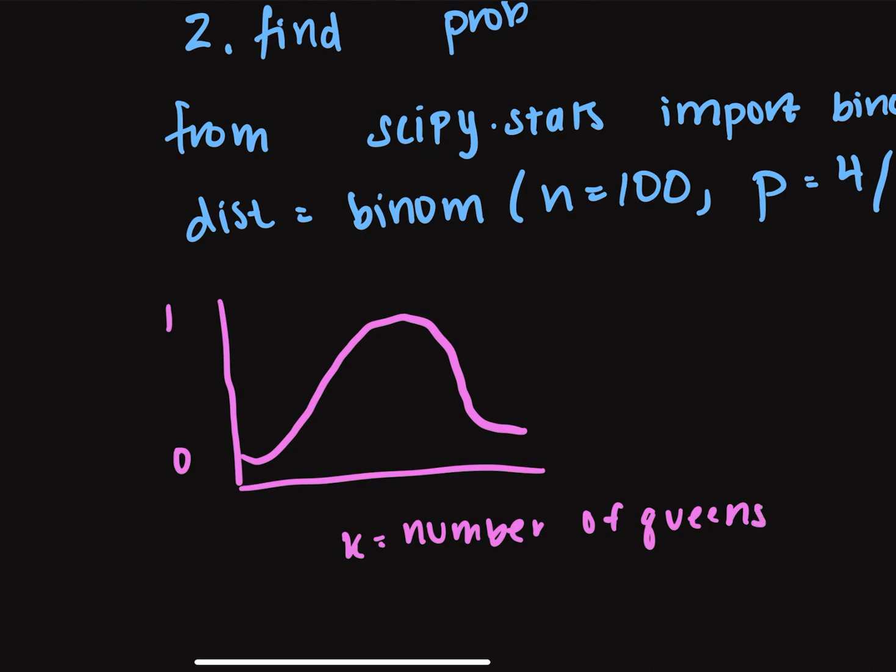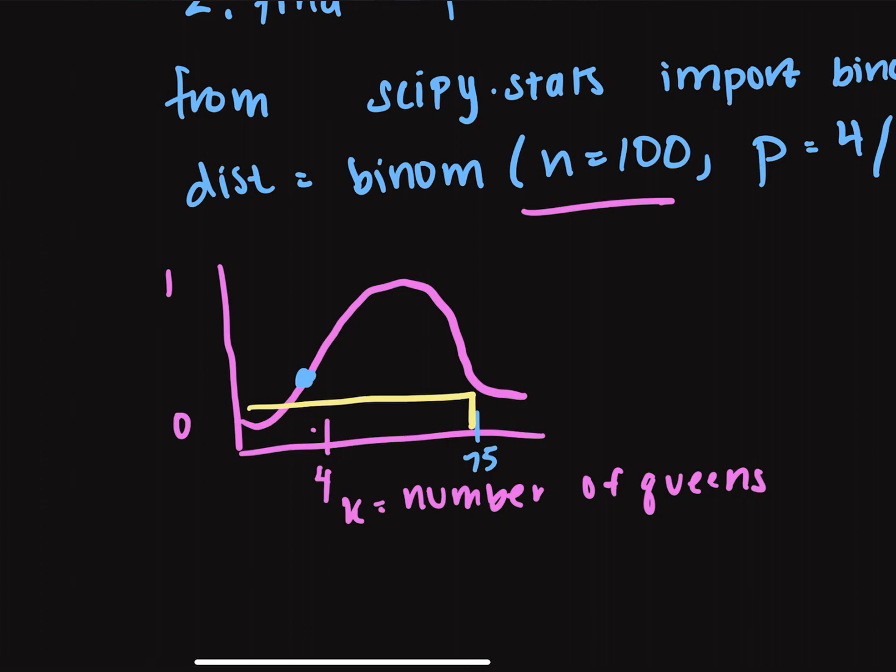If our k equals 4, then this value here would be the probability of getting 4 queens out of the 100 times that we're doing it. If we're running our simulation 100 times, then the probability of getting 75 queens is quite low, right? You're not going to get 75 queens every single time because there's only 4 queens in the entire deck. So we can expect this probability value to be quite low.